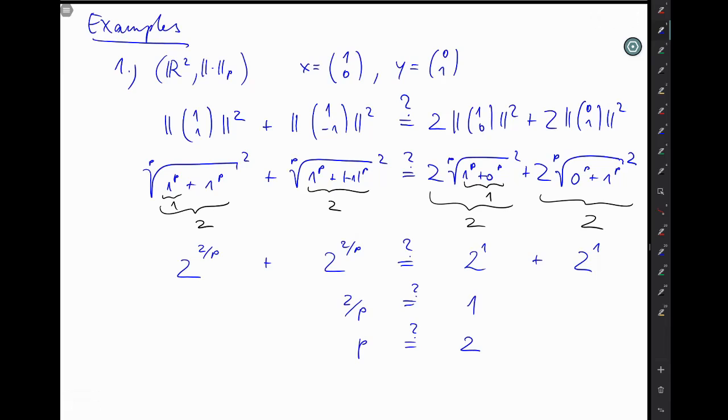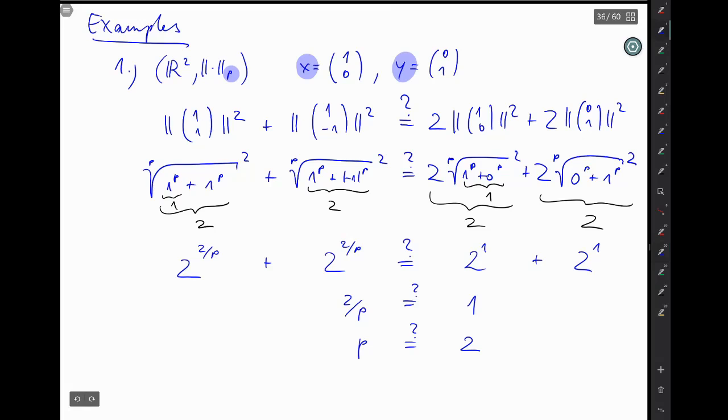So you can see that these two vectors give you equality in the parallelogram identity if and only if you're using the 2 norm, not for any other p. On the other hand, we know that for the 2 norm we have a scalar product, and that's why the parallelogram identity must be true for any other vectors x and y also.